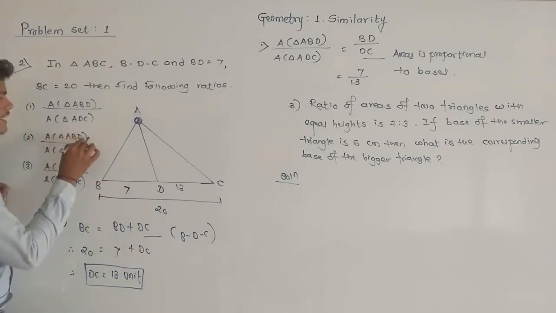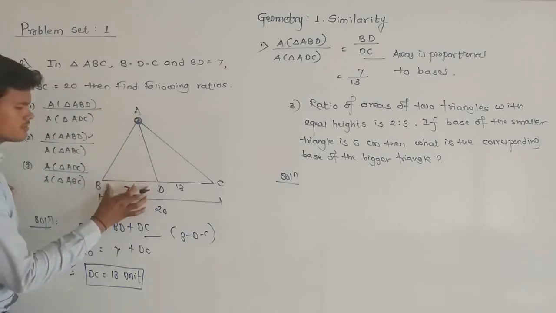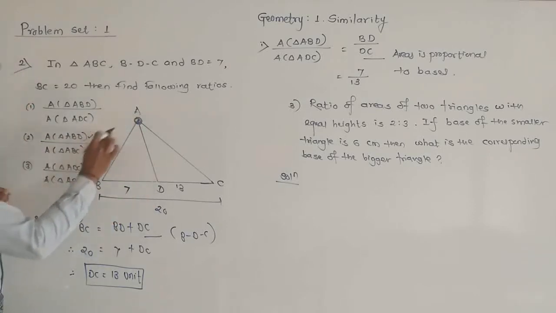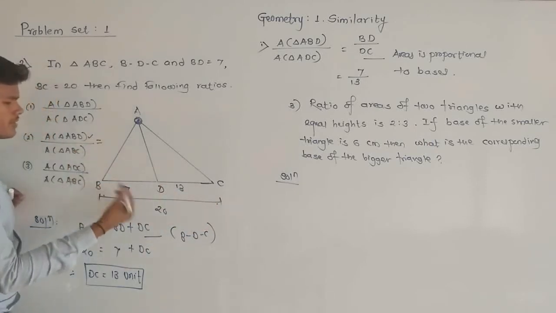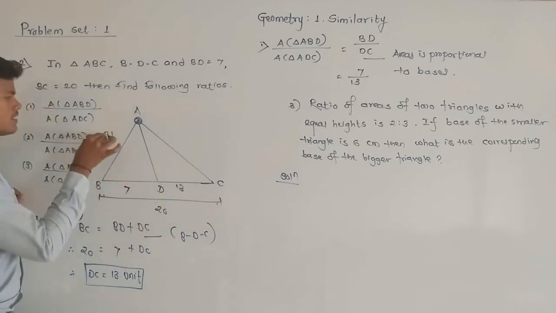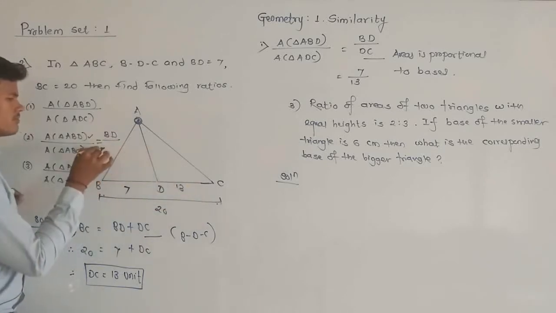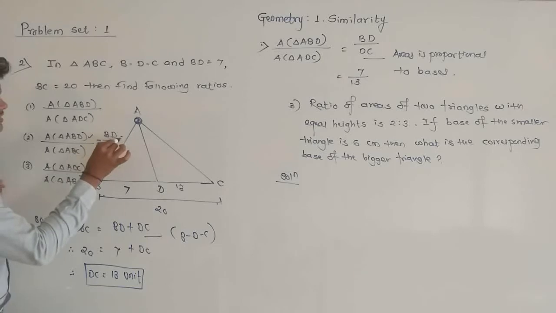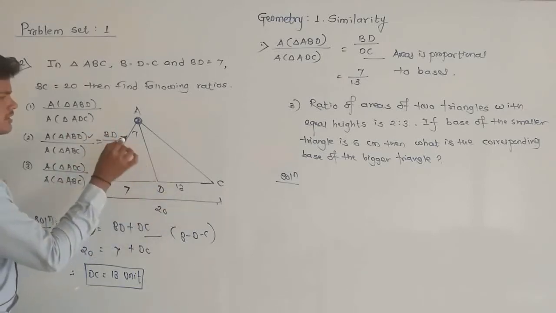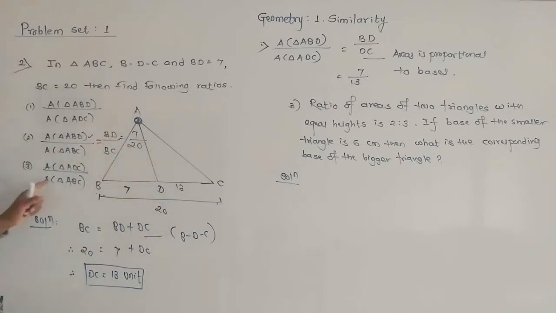So for triangle ABD, their base is BD, and for triangle ABC, their base is BC. So their area is proportional to their bases. So we get BD upon BC. So we know the length of BD is 7 and length of BC is 20. So we get the ratio of area of triangle ABD to area of triangle ABC is nothing but 7 upon 20.